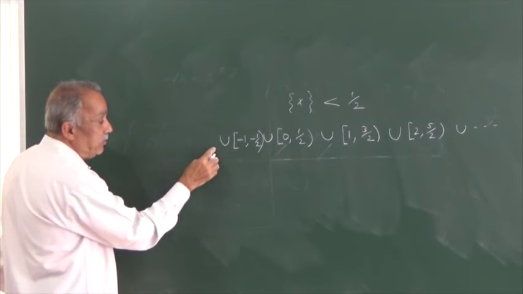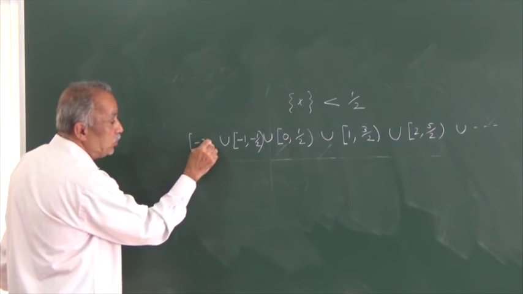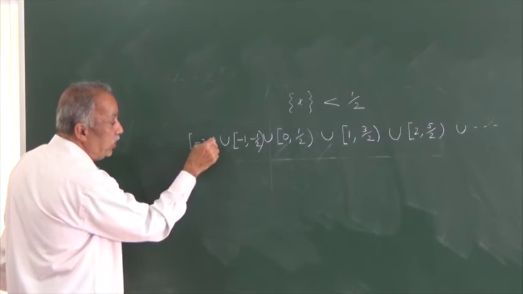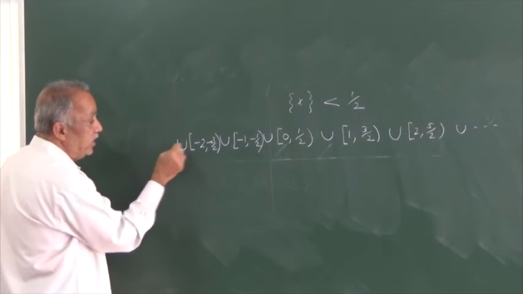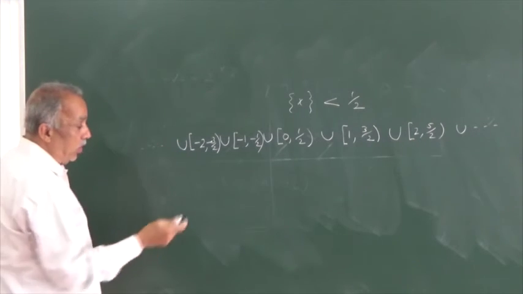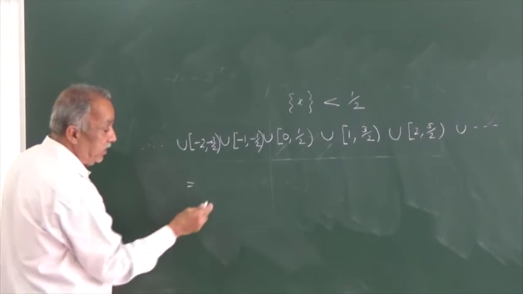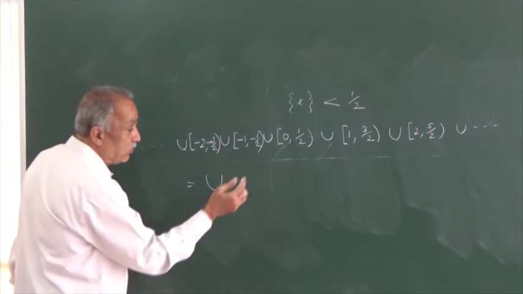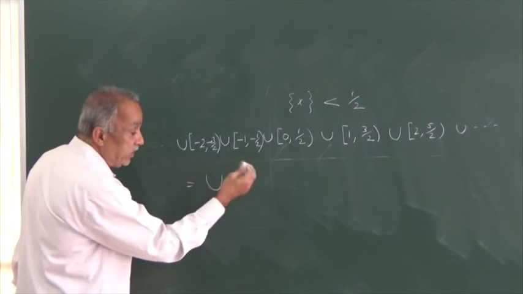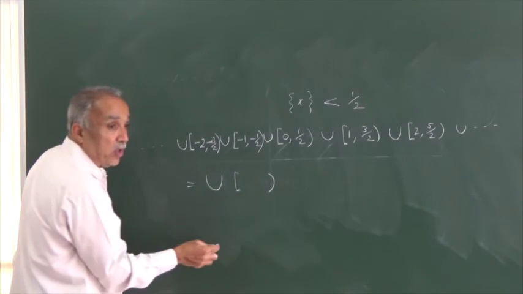Among numbers between minus 2 and minus 1, those numbers between minus 2 and minus 3 by 2, minus 3 by 2 excluded, minus 2 included, and so on. Or I can abbreviate the whole expression by the union of a number of intervals, closed at the left hand point, open at the right hand point.